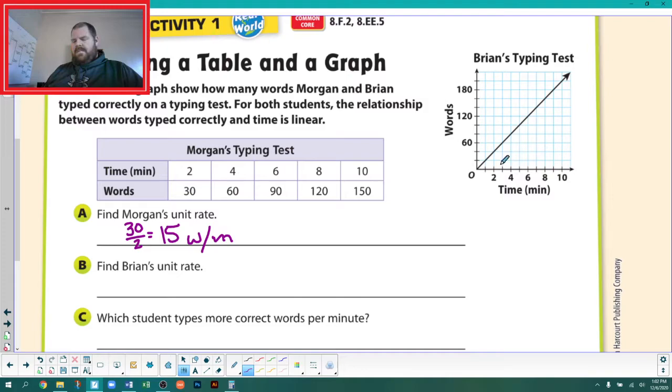For Brian, it's a little bit tougher to tell, but let's use this point right here because I have really good values. I can figure out that this is probably 3 minutes, and that's 60 words. So 60 words in 3 minutes is the same as 20 words per 1 minute. I just do the division there.